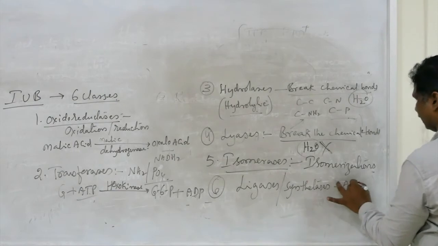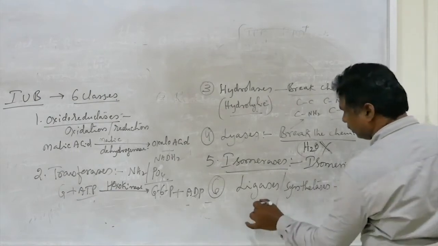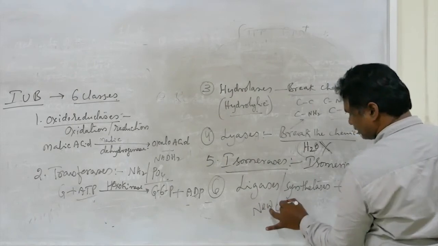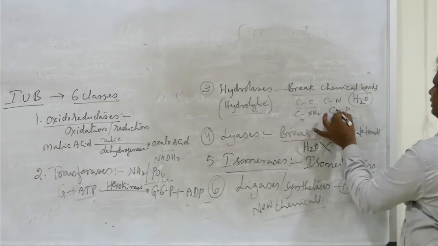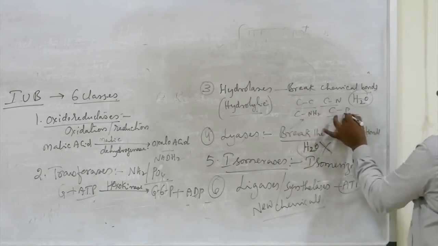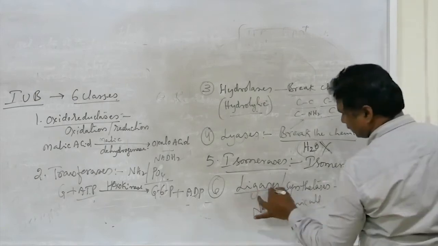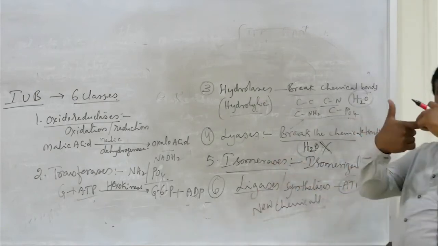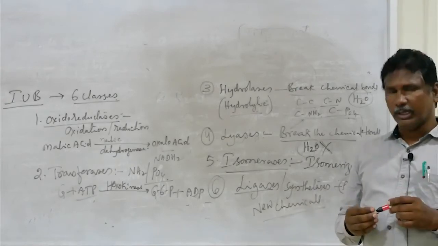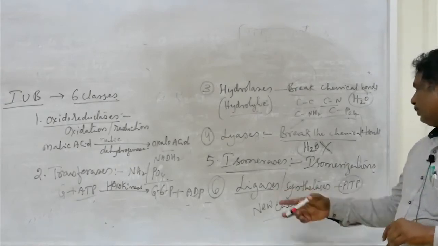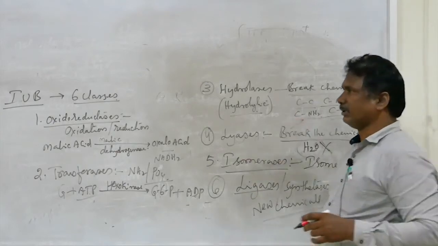They utilize ATP for energy, so they form new chemical bonds like C-C bonds, C-N bonds, C-phosphate bonds. Ligation, the linking and formation of new chemical bonds, is simply called ligases. So there are 6 classes.